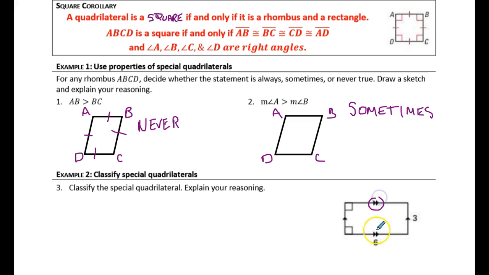I know that both pairs of opposite sides are parallel, so I do have a parallelogram. This side length is longer than this side length, so it cannot be a rhombus. It could also not be a square, so my only option is rectangle.